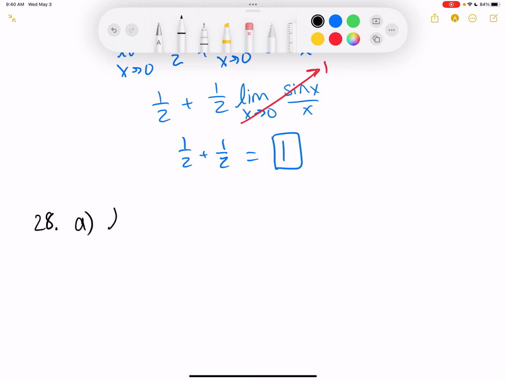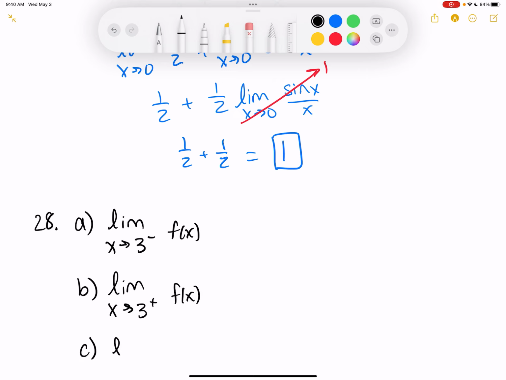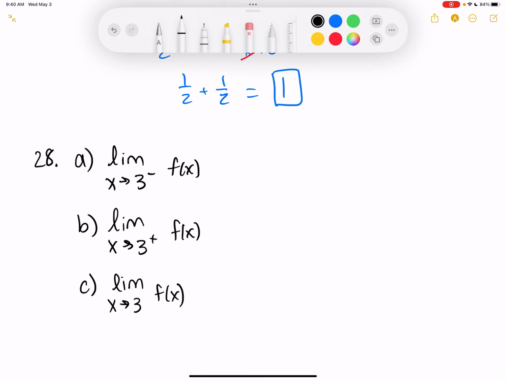It has the limit as x approaches 3 from the left of f of x, the limit as x approaches 3 from the right of f of x, and then the limit as x approaches 3 of f of x. So remember with these, if the left and the right hand ones aren't the same, the whole limit does not exist. But the individual ones will still exist.